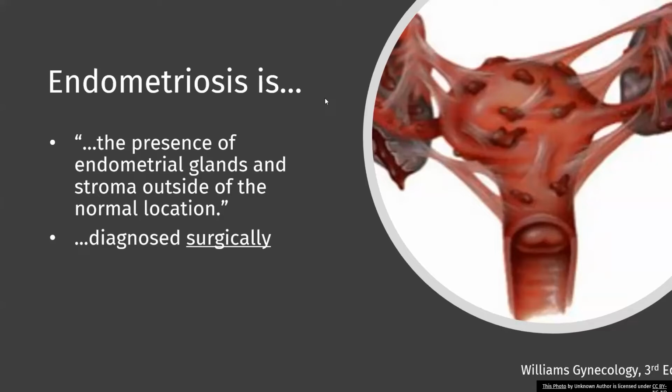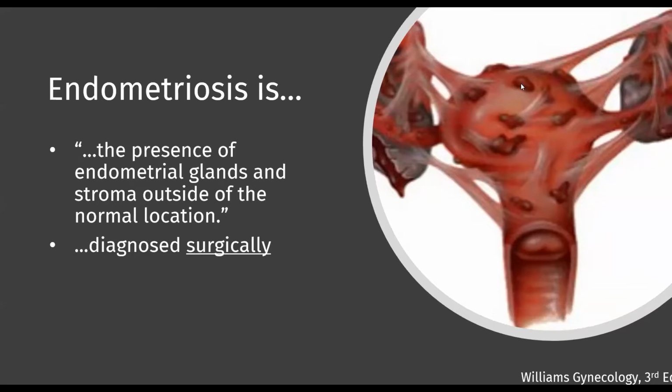So first and foremost, I think anytime we're discussing a medical condition or a disease process, it's important to understand what it is. And so we usually start with the medical definition of endometriosis. It is medically defined as the presence of endometrial glands and stroma outside of the normal location.